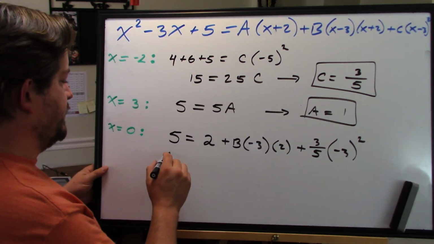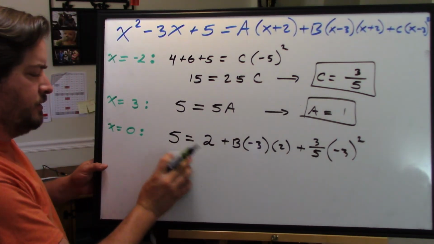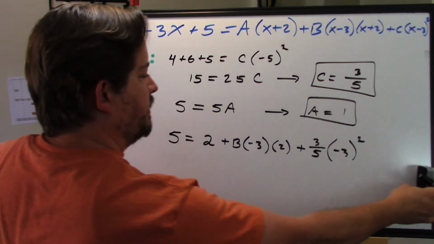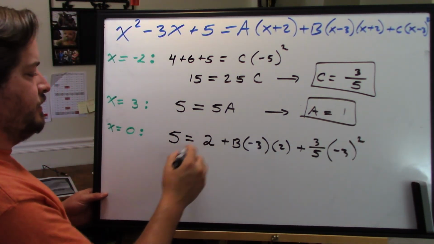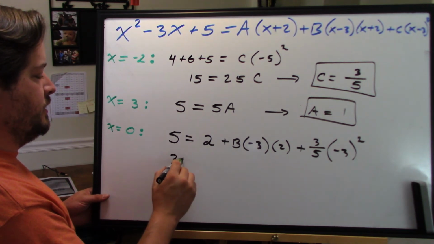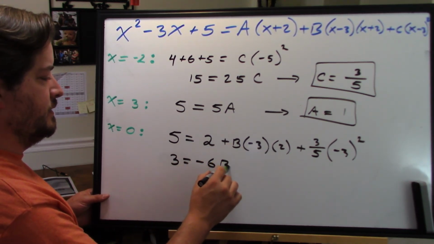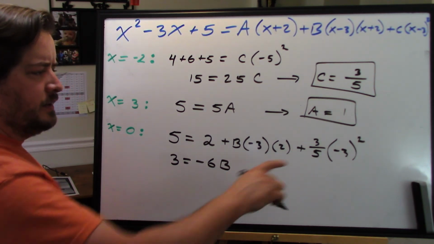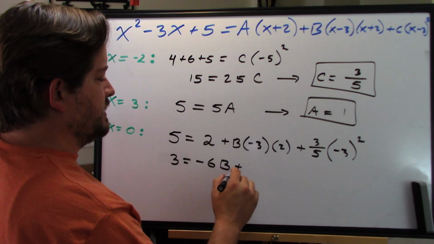So this is to say that I have 5. I'm just going to subtract my 2 now, simplify a little bit as I go, and maybe not write all of my work since I have this much space left. 5 minus 2 gives me 3 on the left. -3 times 2 is -6, so that's -6b. This -3 gets squared, so that's a positive 9 times another 3 is 27.